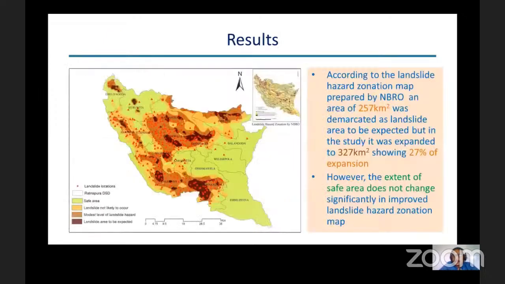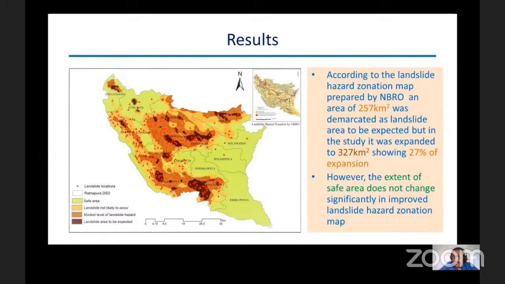According to the landslide hazard zonation map prepared by NBRO, an area of 257 square kilometers was demarcated as landslide area to be expected. But in this study, we showed that the area increased to 327 square kilometers, showing a 27% expansion.